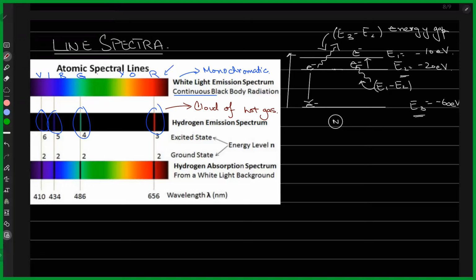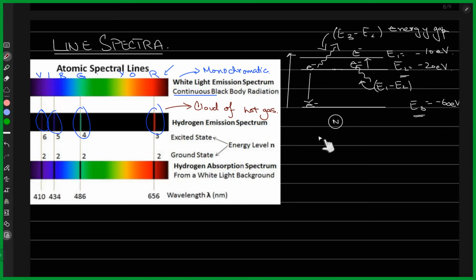Now, the electrons of this hot gas exist at a higher energy state due to high temperature. They have more temperature, they have more energy, which means they can live inside a higher energy state, right? So that's why we call them excited states, right?